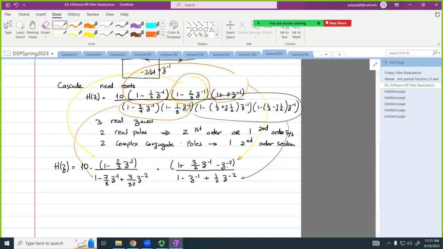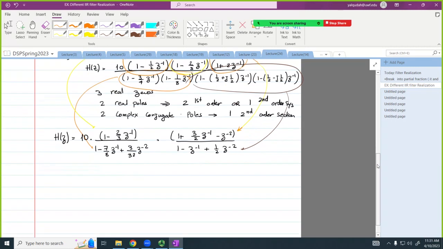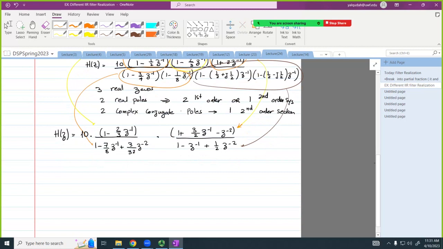Okay, so what are the roots of this polynomial? Anybody want to guess?